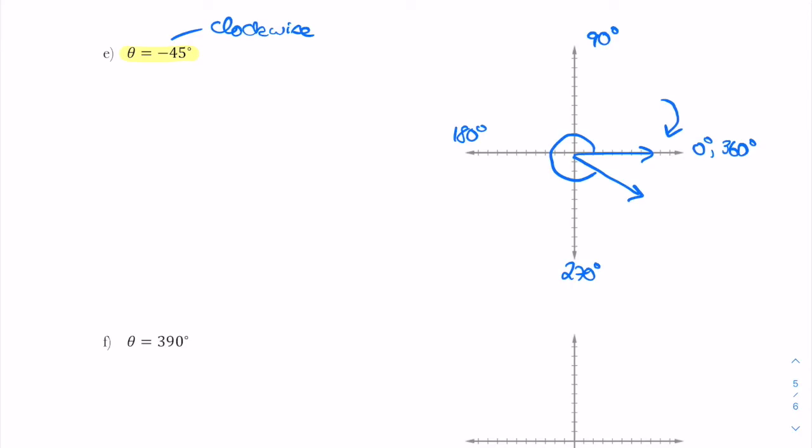Well, instead of going 45 degrees clockwise, you can just go 360 minus 45 counterclockwise. And that's equivalent to positive 315 degrees. Try to convince yourself that they're really the same thing, but that's going to leave us with a related acute angle, beta, of 45 degrees.